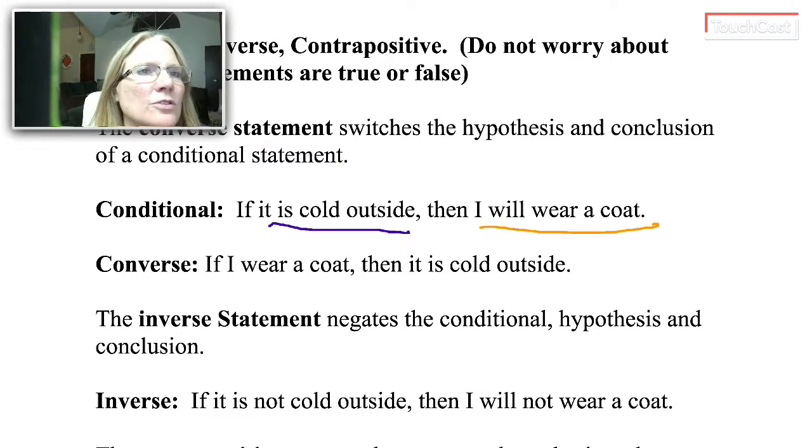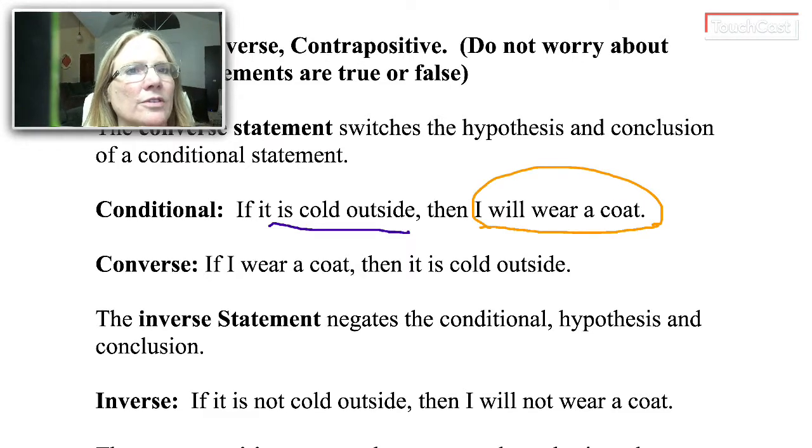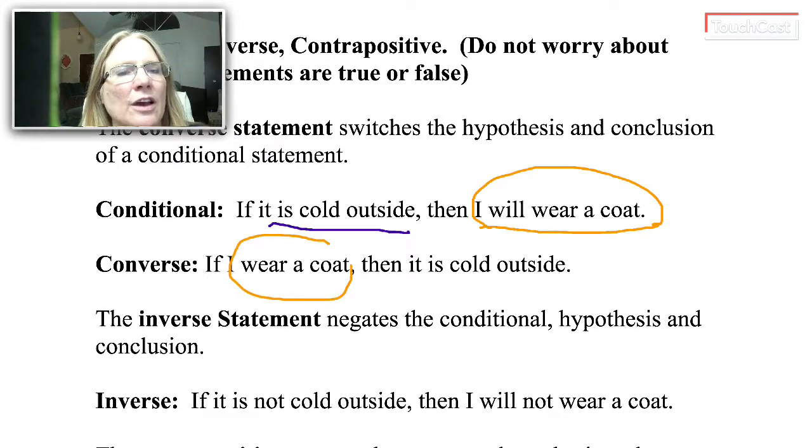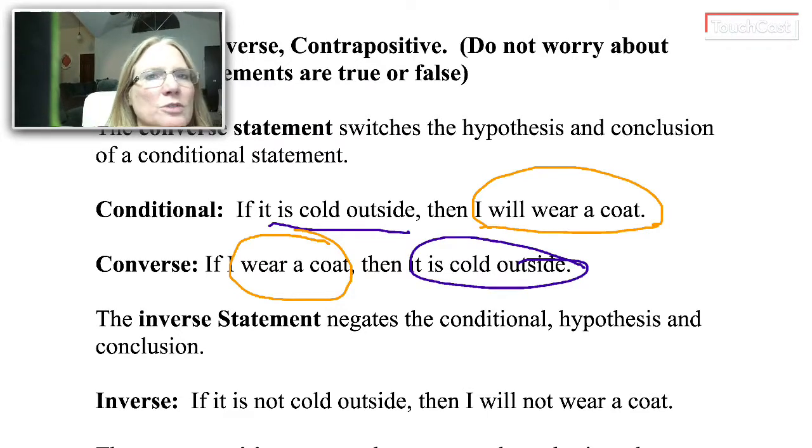So the converse, you switch it around and you put I will wear a coat after the word if, and now that becomes the hypothesis, and the conclusion becomes the original hypothesis. Okay, so just switch them around. So if it is cold outside, then I will wear a coat becomes if I wear a coat, then it is cold outside.